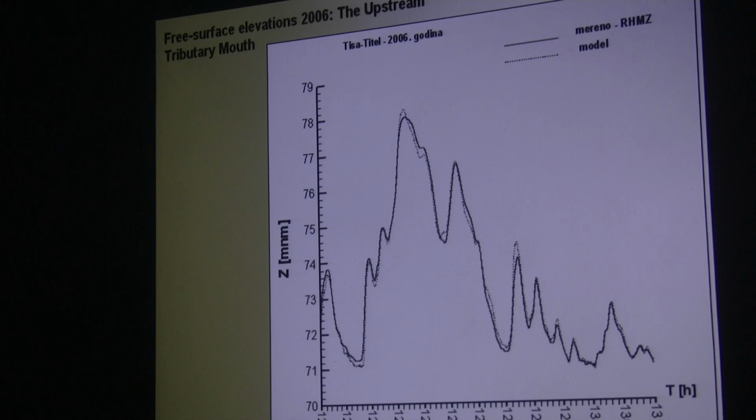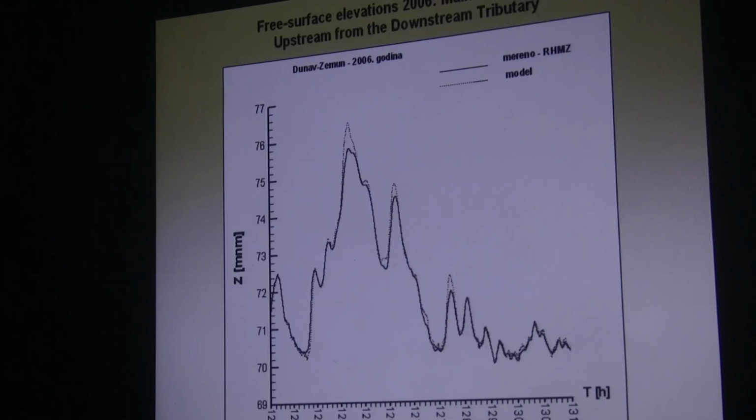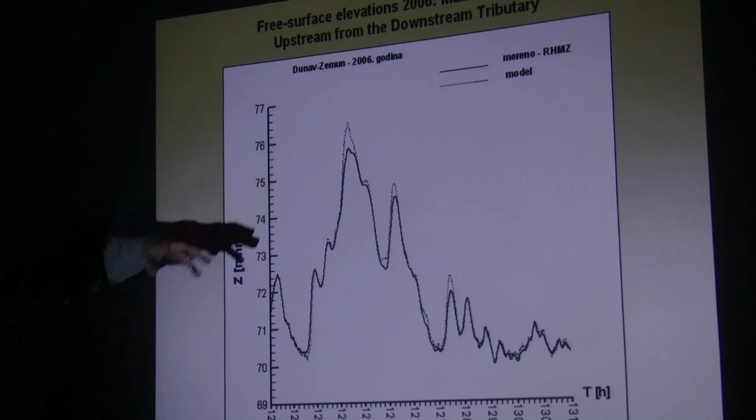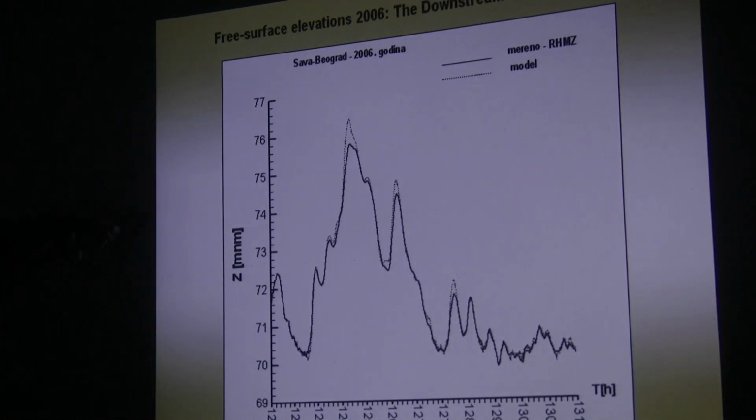The next one shows the Danube further downstream, Zemun, which is upstream from the Sava mouth, from the confluence with the Sava River. Again, the peak is lower, of course. Next, Belgrade, Sava, Belgrade mouth, close to what we have in Zemun. It's the same area, so it influences each other.